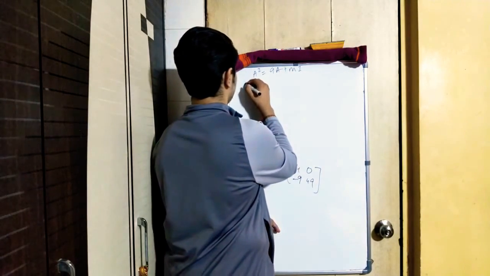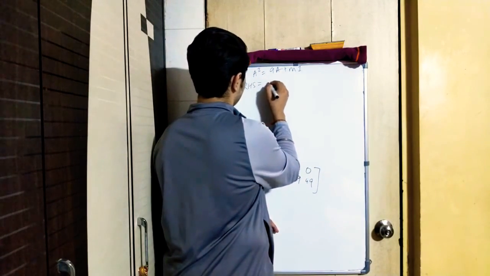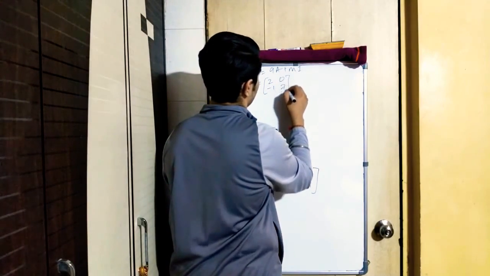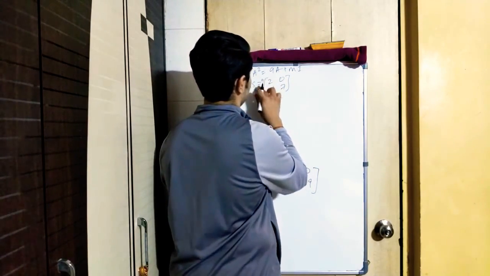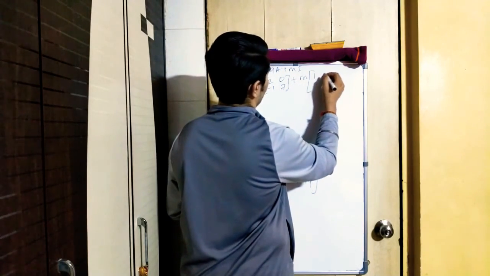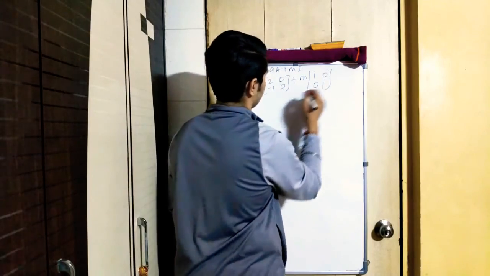So now we take RHS. It was 2 0 minus 1 7, 9 into A plus M into I was 1 0 0 1.